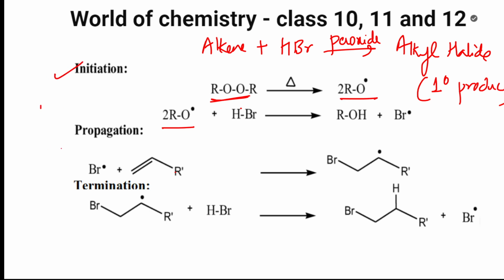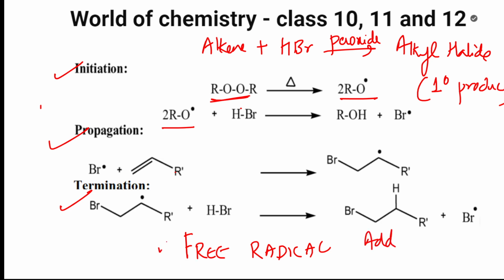It follows the initiation step, the propagation step, and the termination step. That means addition of HBr to alkene is nothing but free radical addition, as they have mentioned in the assertion. So the assertion is correct. That's the reason I put the tick.